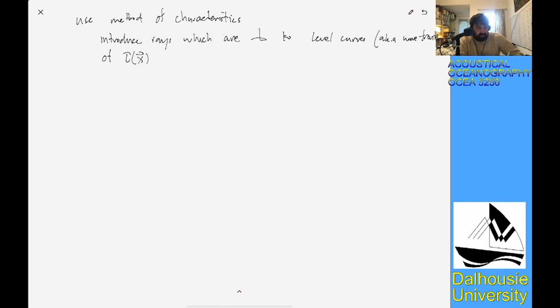And so what we're going to do is first of all, write the acoustical equation in a new coordinate system, to make it easier to solve. Okay, so we'll say that the ray trajectory is going to be defined in terms of s being along the ray path.